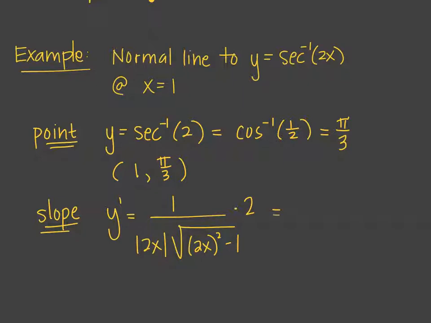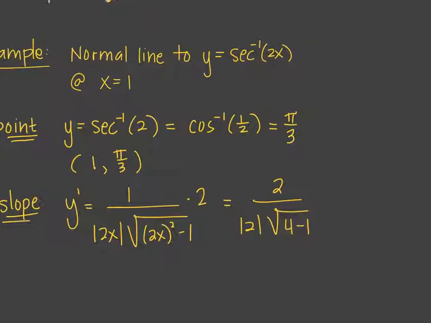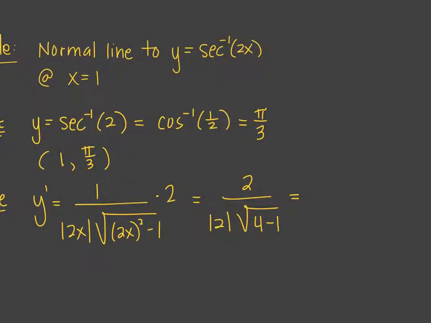So now I'll plug the number 1 into this. So I'll get 2 as my numerator over the absolute value of 2, which of course is positive. And then over plugging 1 in, I'm going to get 4 minus 1. So I end up with 2 over the absolute value of 2, which is 2, and rad 3.